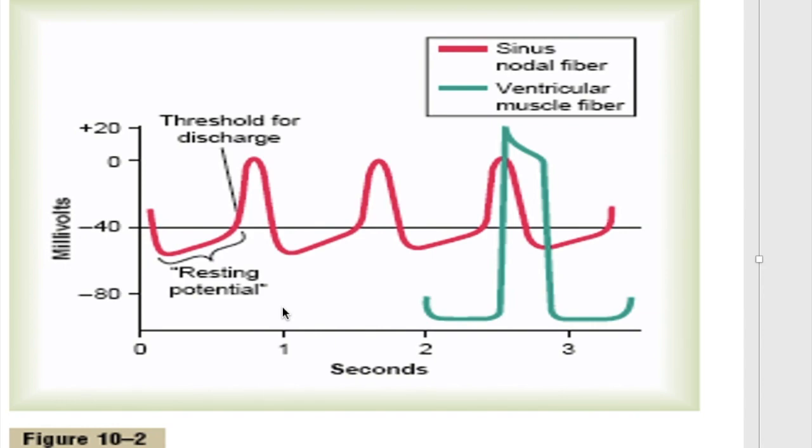This is shown by the Q, R and S waves. And then finally there is repolarization of the ventricles, which of course is shown by the T wave in the ECG. The timing, magnitude and form of these waves can be used to diagnose defects in heart function.